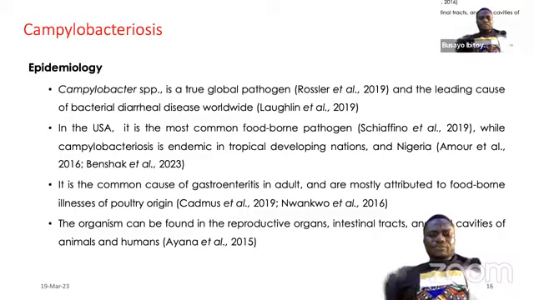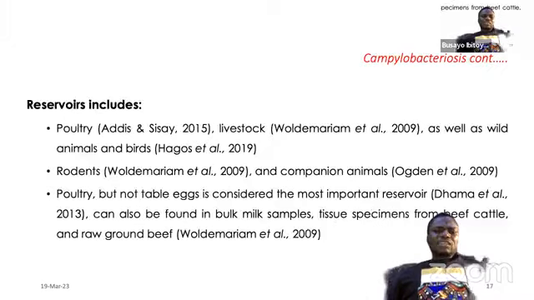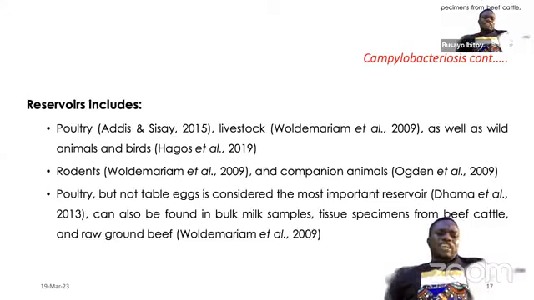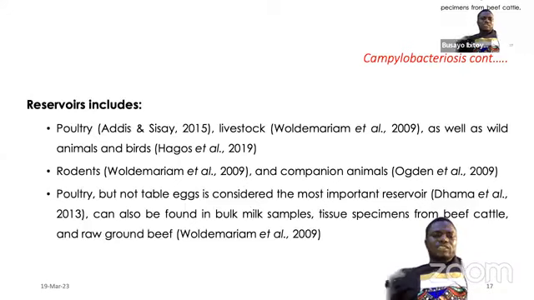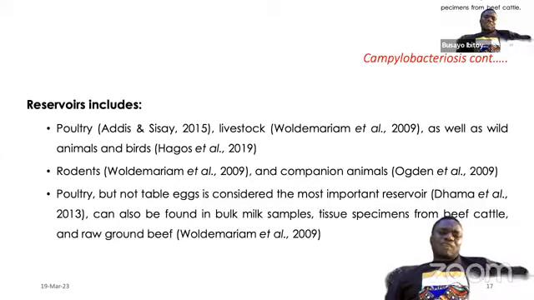Campylobacter can be found in the reproductive organs, in the intestinal tract, and in the oral cavity of animals and humans. The reservoirs of Campylobacter include almost all poultry, livestock, sheep, goats, cattle, camels, what have you, as well as wild animals and wild birds.